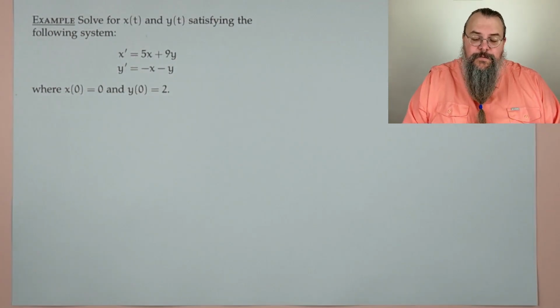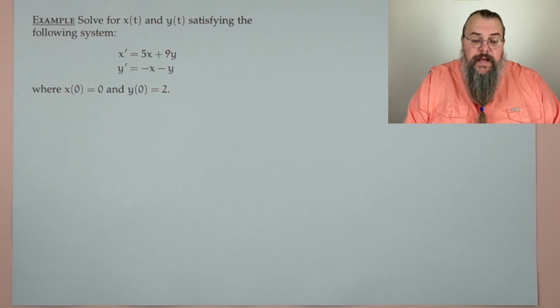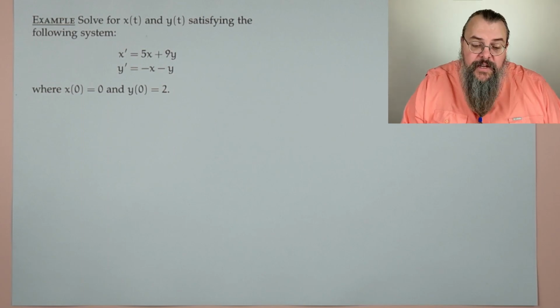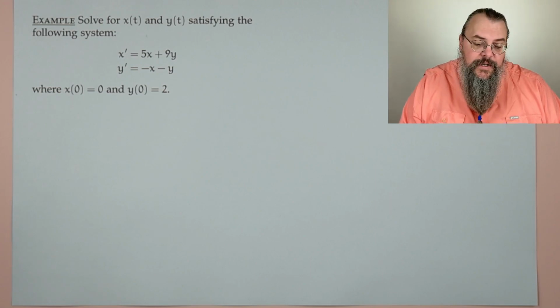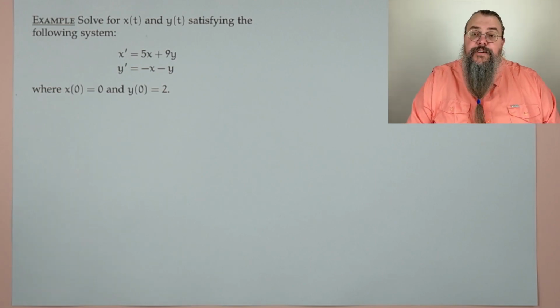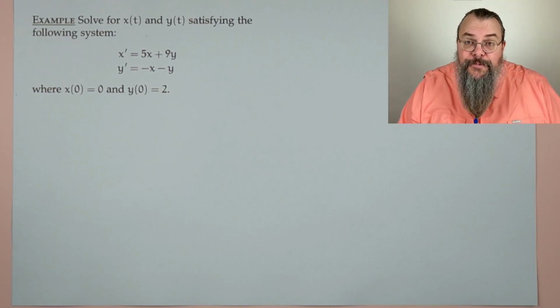Solve for x of t and y of t, satisfying the following system. x prime is 5x plus 9y. y prime is minus x minus y. And we're told x of 0 equals 0 and y of 0 equals 2.